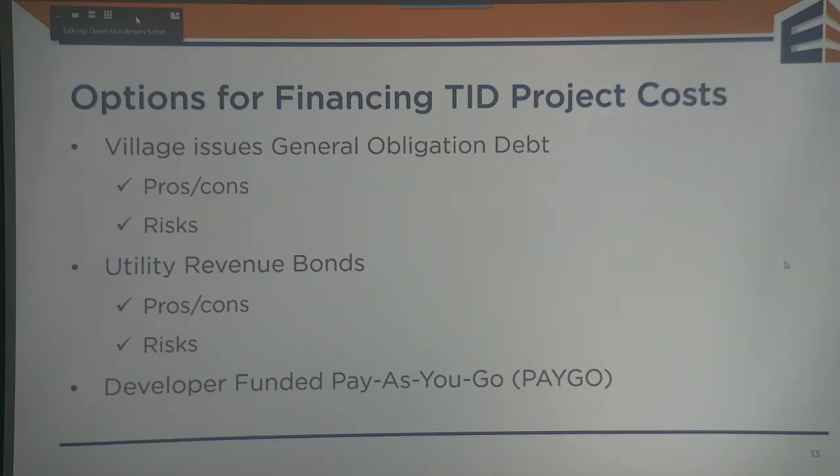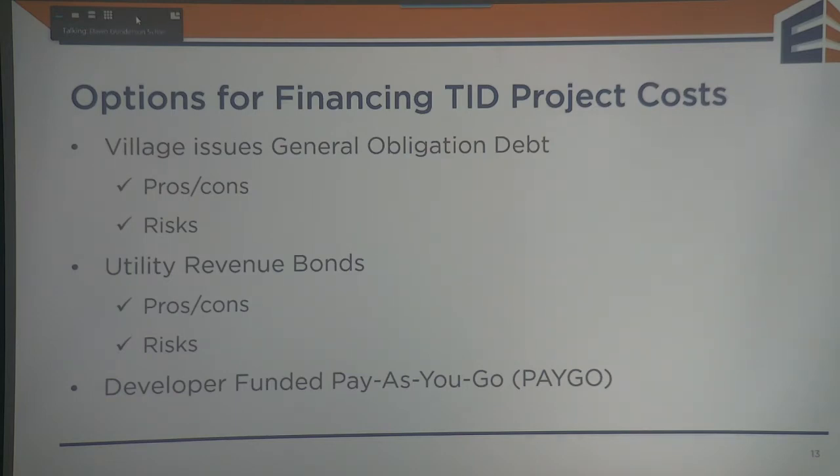You also, because you're pledging your utility revenue, there's an expectation that your annual income from your utilities is at a certain level greater than that debt service payment, which we call a coverage level. So even though you may be expecting the tax increment district to make the payments, you would also have to have your revenues in place, your utilities, to actually be able to market the issue.